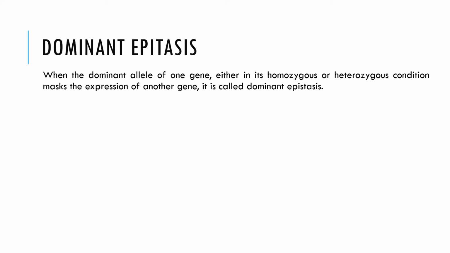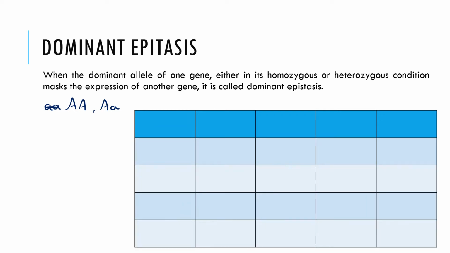So the gene may be homozygous dominant or heterozygous dominant, but it will mask the expression of another gene. So let's see a Punnett square. If you draw a Punnett square, instead of the normal Mendelian ratio, what do we get?